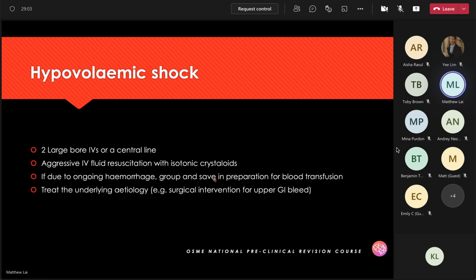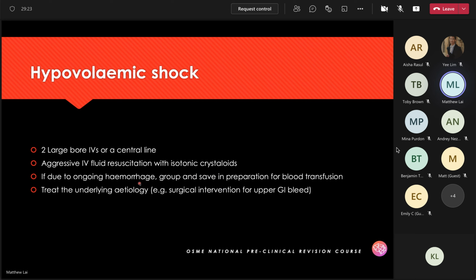And for the sake of time, we're not going to do a third clinical scenario, but for hypovolemic shock, which is where your patient's losing a lot of fluid, you need to get IV access. That's important because you want to replace the fluids, and you're going to aggressively give them IV fluids.